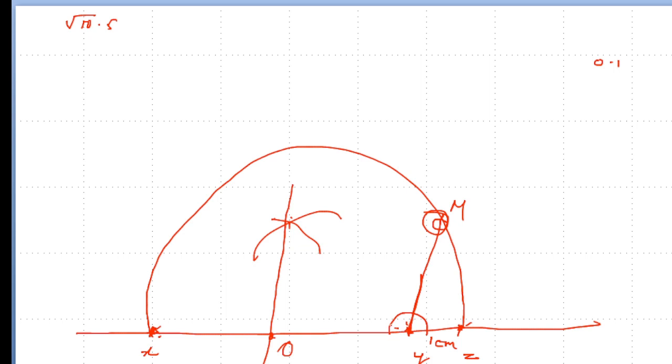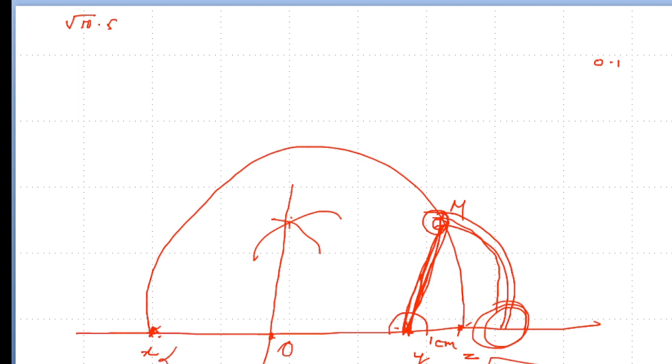Take MO as the radius and try to make a semicircle. Where it touches will show you the square root of 10.5.